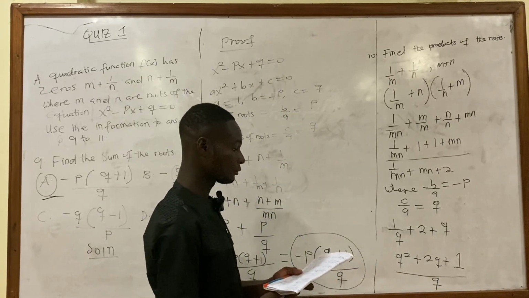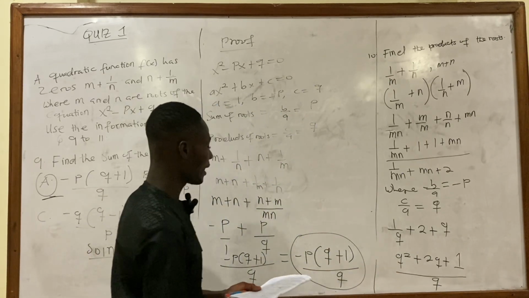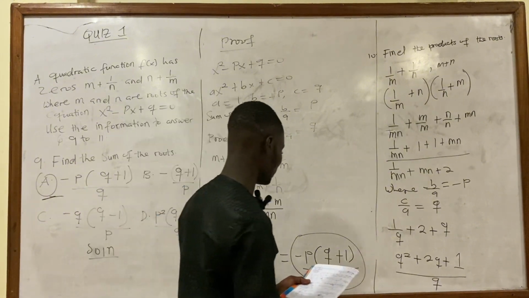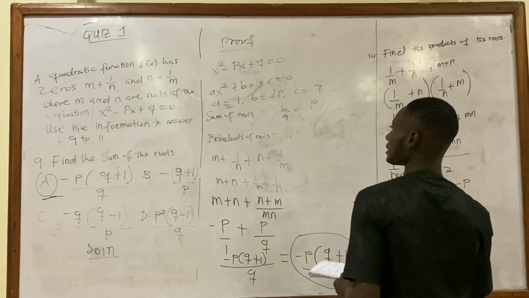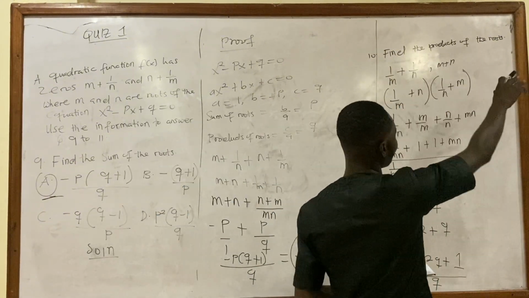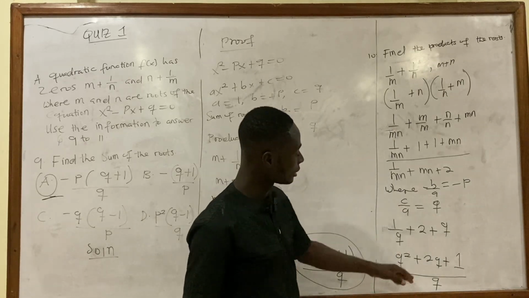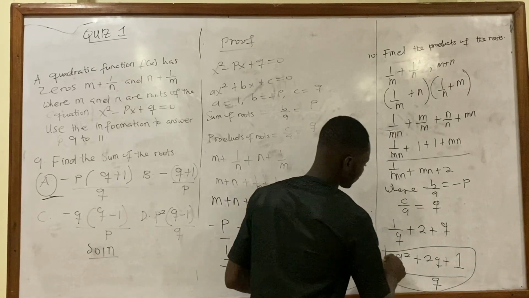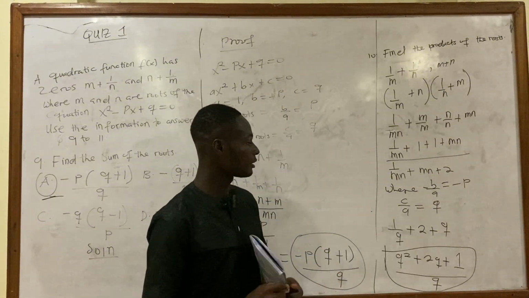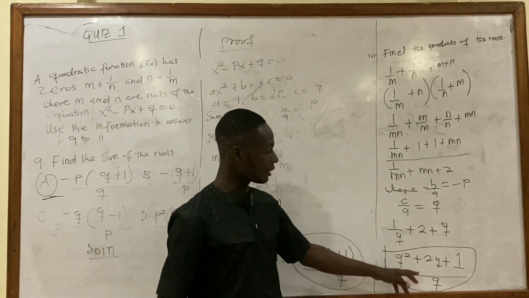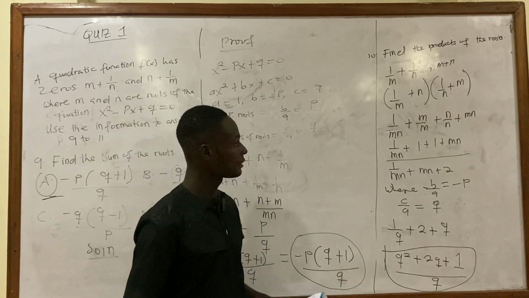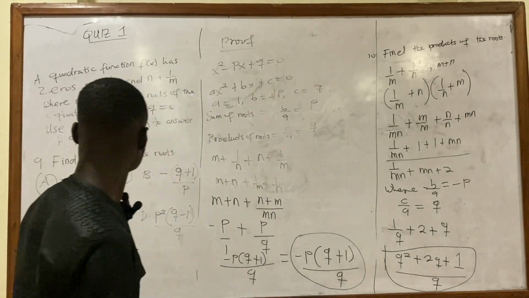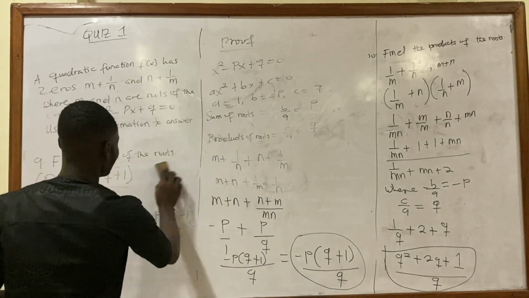So that will be our answer for question 10, find the product of the roots. That's our answer: q squared plus 2q plus 1 all over q. Alright, so let's move to the next.